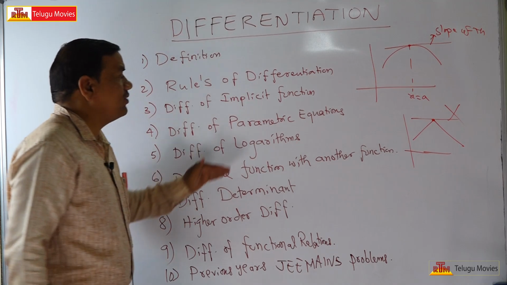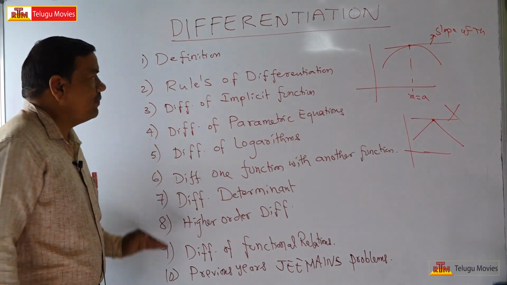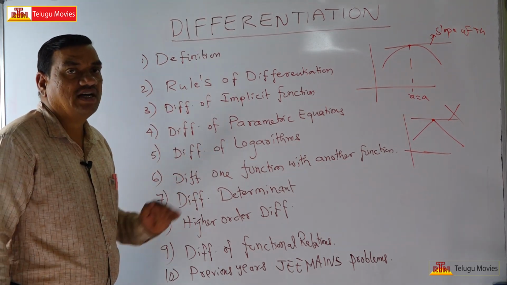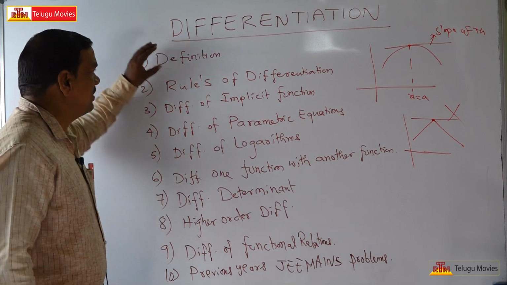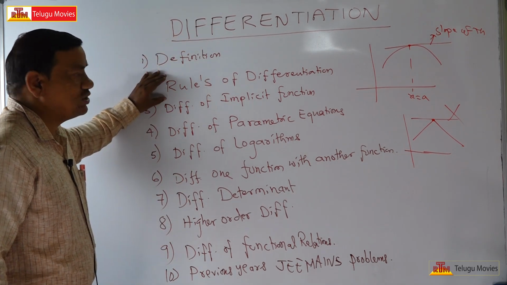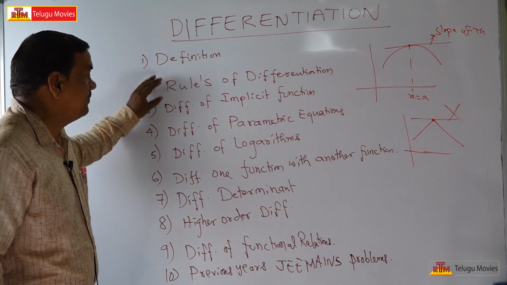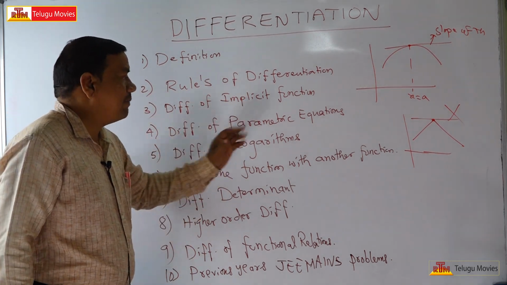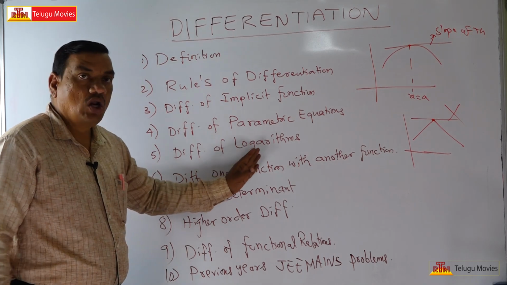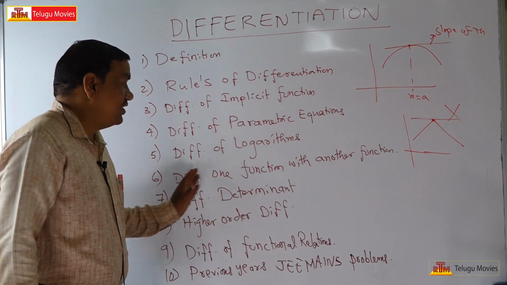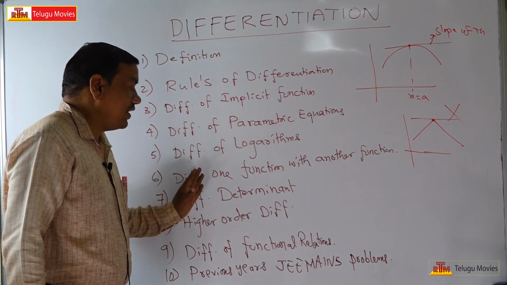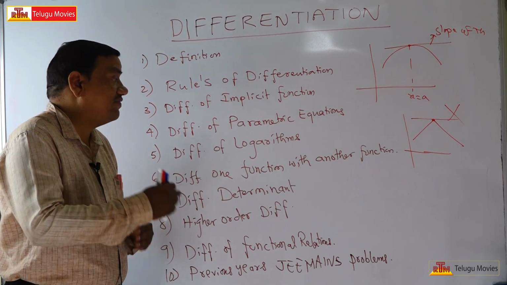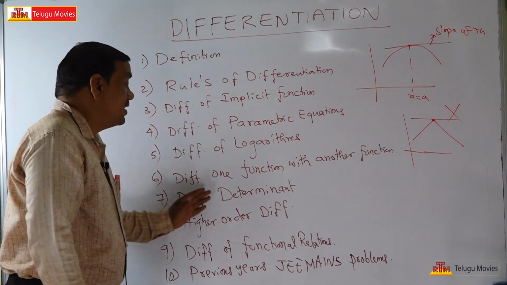In this chapter, these are the subtopics we are going to cover, at a glance. First, the definition. Next, rules of differentiation. Next, differentiation of implicit functions and parametric equations, logarithmic functions, differentiation of one function with respect to another function, and determinants.